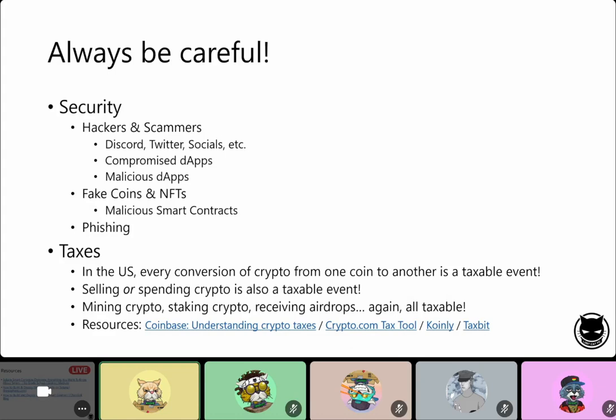Make sure to not ignore your NFT taxes. Make sure to not ignore any sort of staking rewards or airdrops that you get. Just make sure that you're compliant. It's always going to be easier to do it now than try to catch up and do it after you get audited. So better to play it safe.